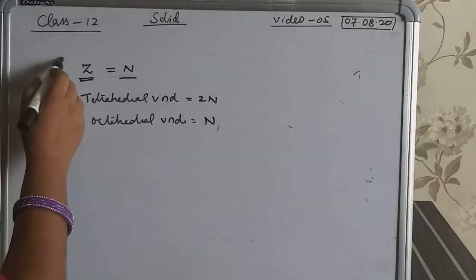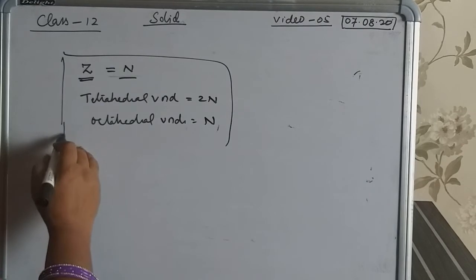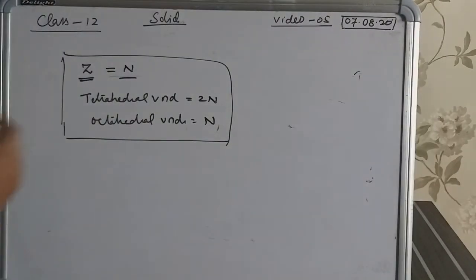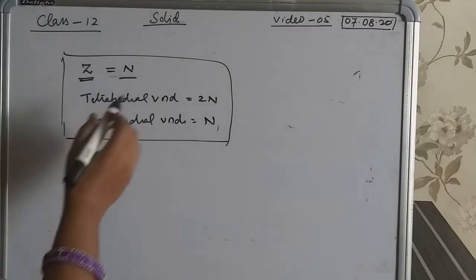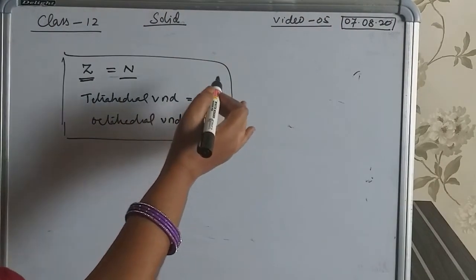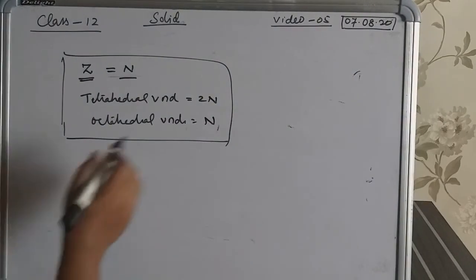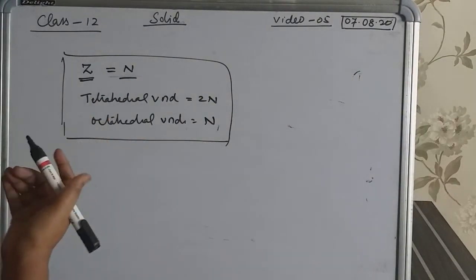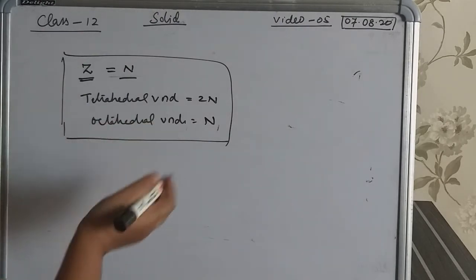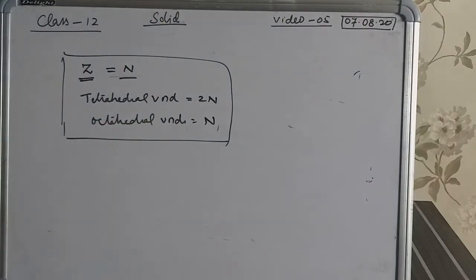Z is the rank of the unit cell. In this way you can easily find the number of tetrahedral voids and octahedral voids in the FCC or CCP structure. If n is suppose 2, N is 4. In this way you can find the total number of octahedral or tetrahedral voids present in any unit cell like FCC.